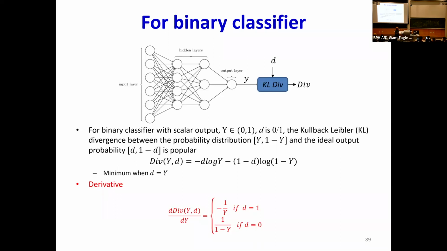The Kullback-Leibler divergence is given by this formula. In binary classification, the desired output is d, which is either 0 or 1, right? So it's going to be minus d times log y, minus (1 minus d) times log of (1 minus y). So let's look at what happens. If the desired output is a 1 and the actual output assigns probability 0 to the target class, if y is 0, what does this look like?